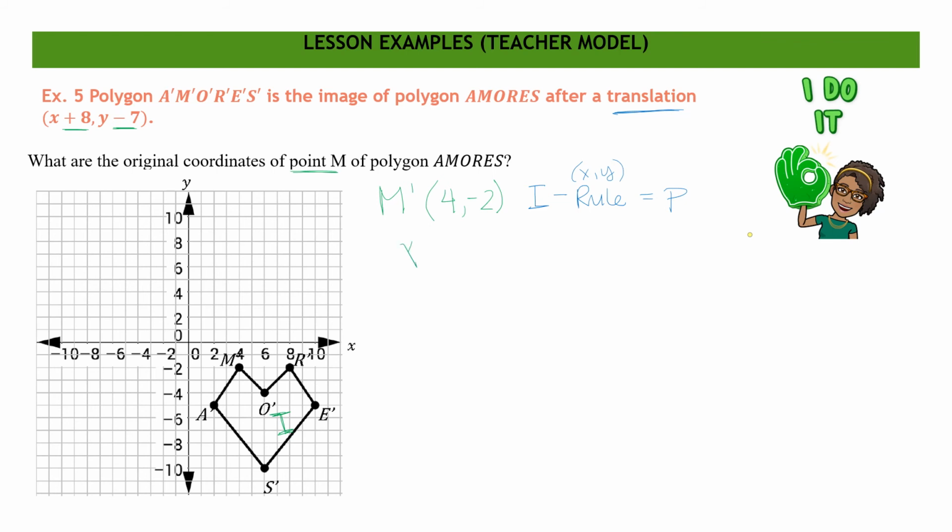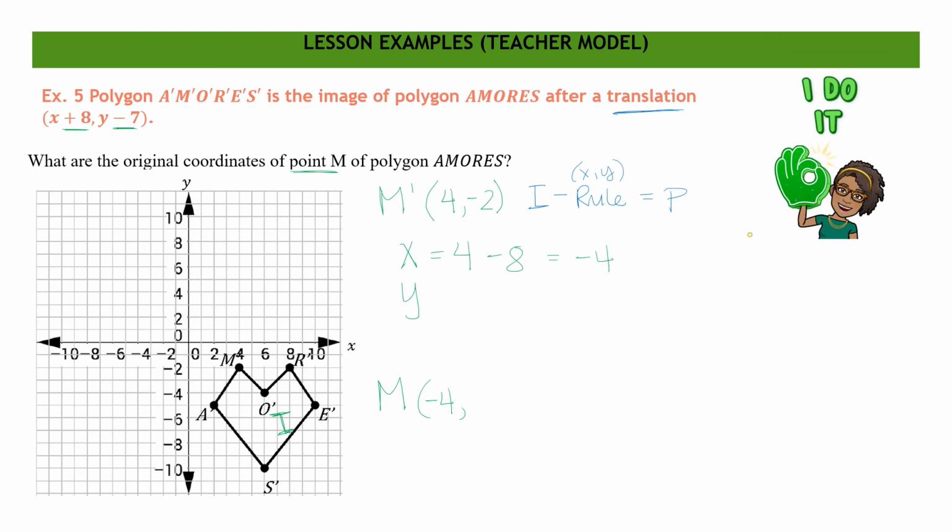My x coordinate for my image is 4, and our horizontal shift is 8, so I subtract 8 and I get -4. So my pre-image point for M has an x coordinate of -4.